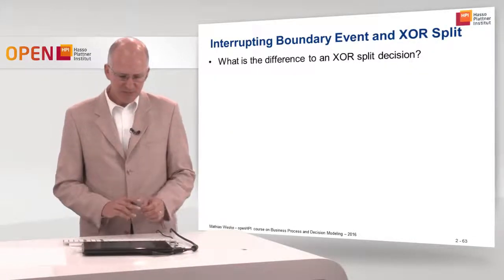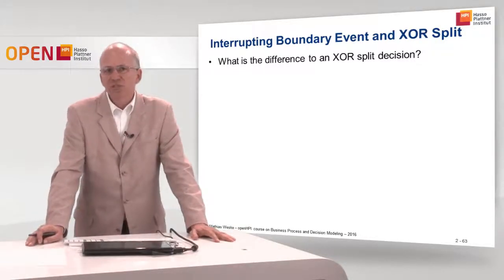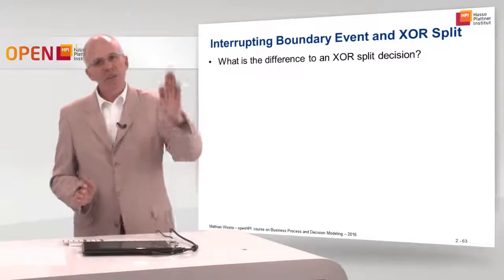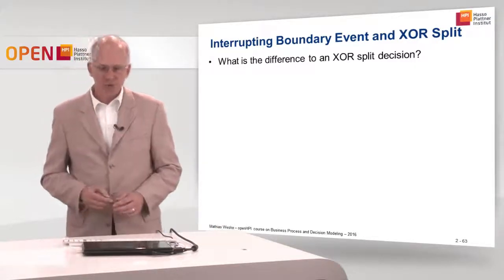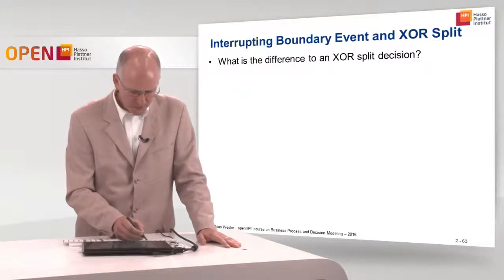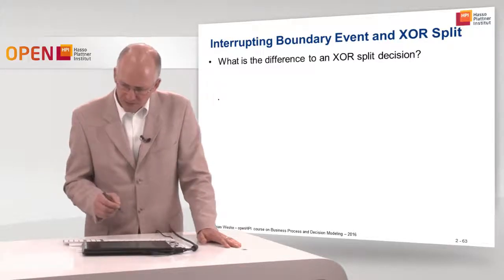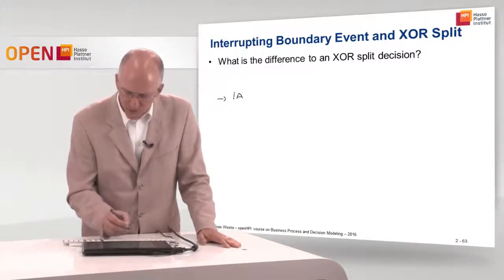So the question is, what is the difference to an XOR split decision? Couldn't I just use an XOR split to say if an error occurs, then I go that way, if no error occurs, I go the other way? In order to discuss this with you, I would like to use another little example that looks rather similar to the one we had before.